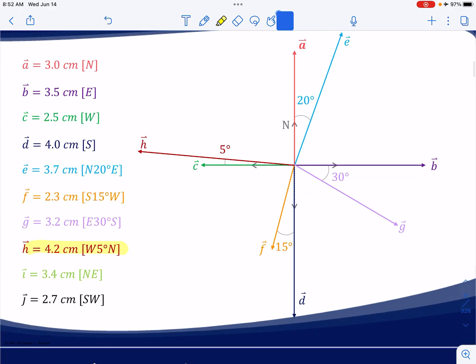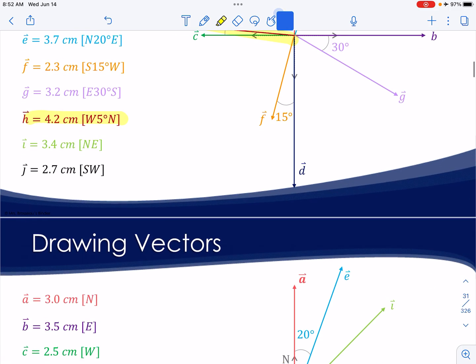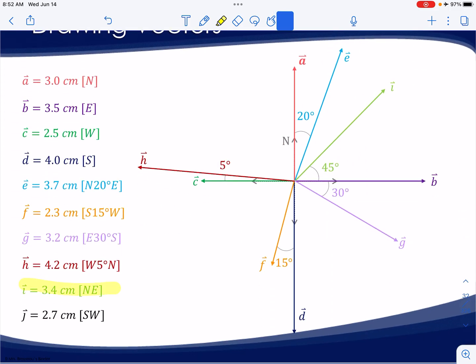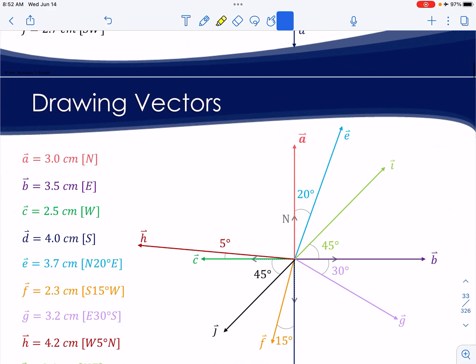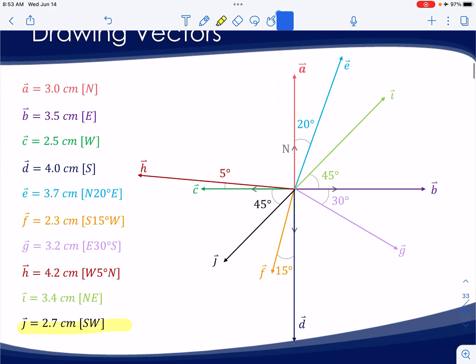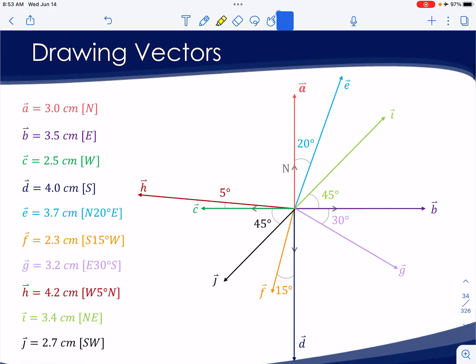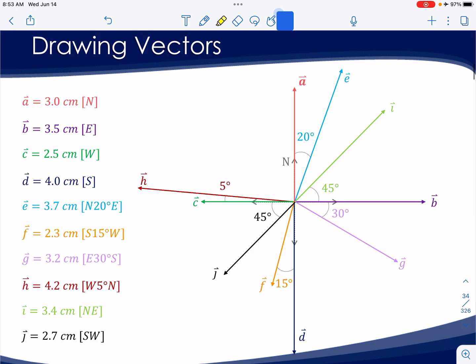H is here. I is here. And last but not least, we have J, which is 2.7 southwest, right there. Okay, so here we have all of them on one diagram.